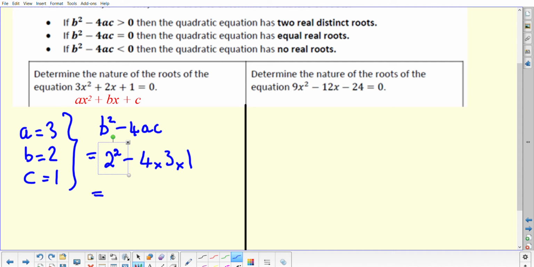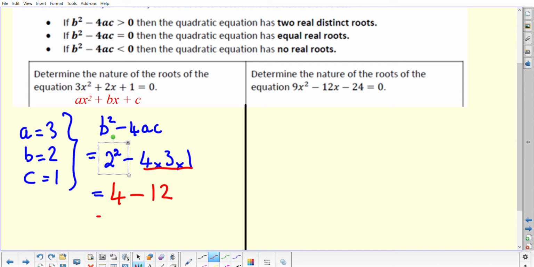Now most of this is going to be done in a non-calculator situation, so remember that they're all getting multiplied together, the 4 times 3 times 1. So 2 squared, remember, is 2 times 2, so that's 4, take away 4 times 3 times 1, which is going to give you the value of 12.